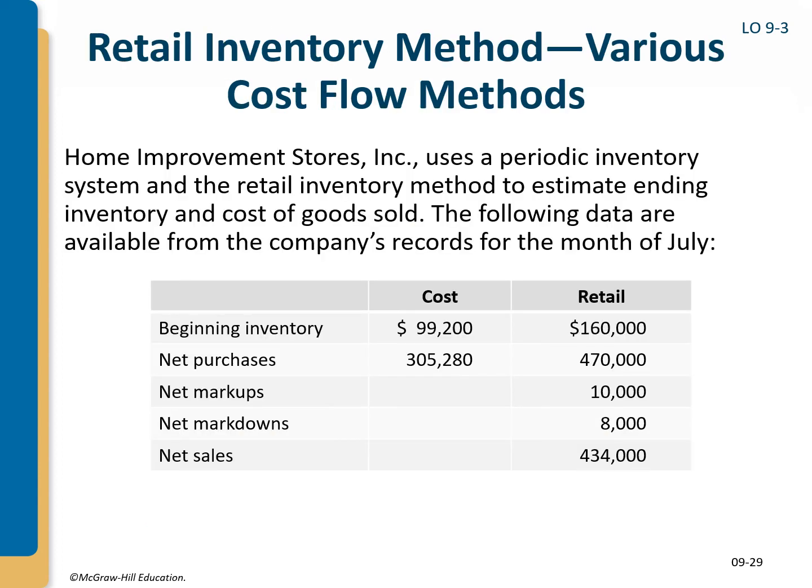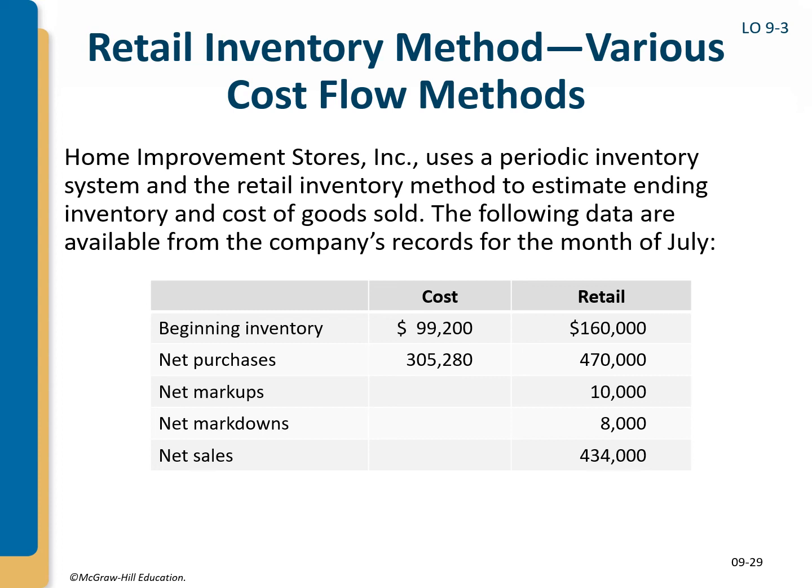So we have Home Improvement, which uses a periodic inventory system and the retail inventory method to estimate ending inventory and cost of goods sold. Here's their data. They begin with inventory at cost of $99,200, retail is $160,000. Their net purchases at cost are $305,280, at retail, $470,000.